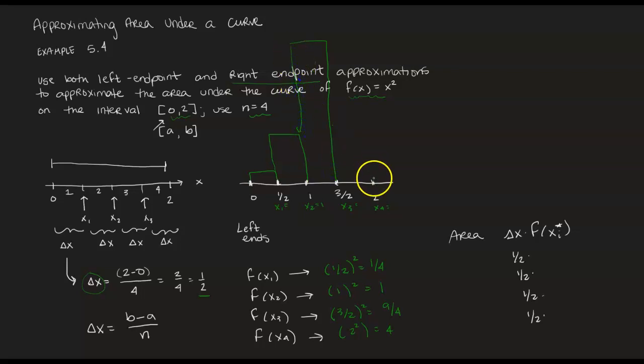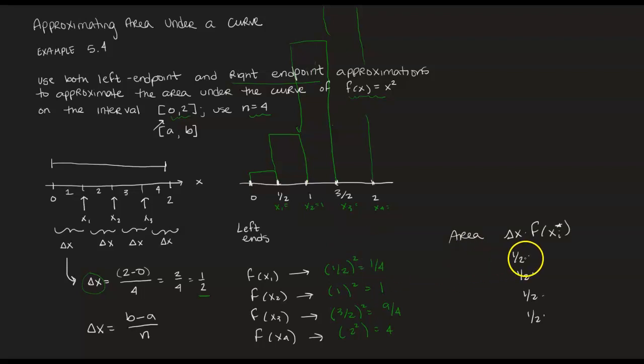And then we're going to have one more even taller rectangle. It's going to actually go above the page. That one has a height of 4. So our picture has changed quite a bit, only because we're using the right endpoint. The function is the same. It's just the point that we're plugging into our function to calculate the height of our rectangles.